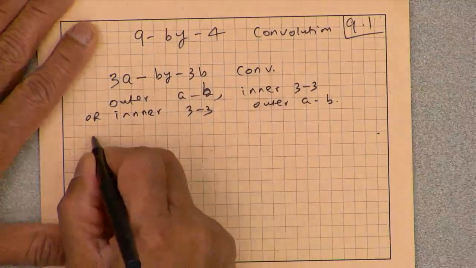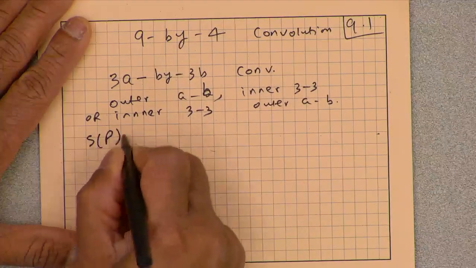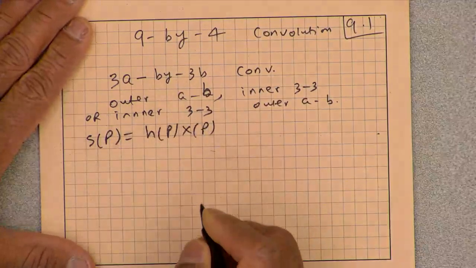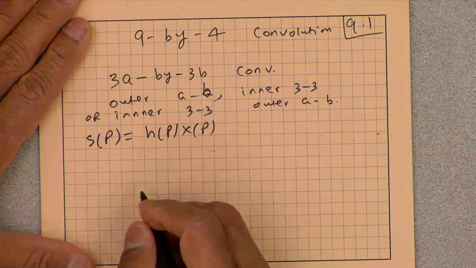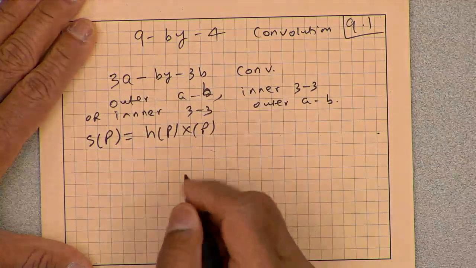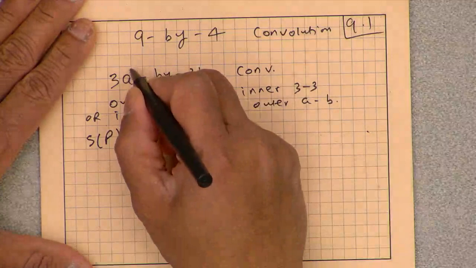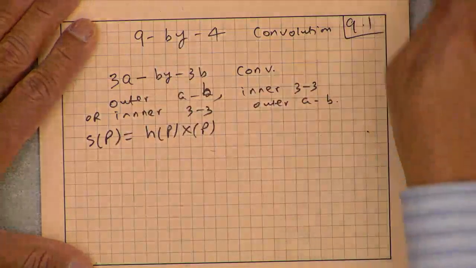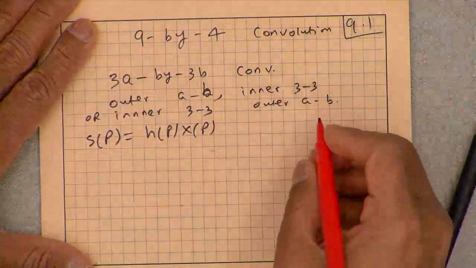Let's say that SP is equal to HP times XP. Let's say A is 4 and B is 3.